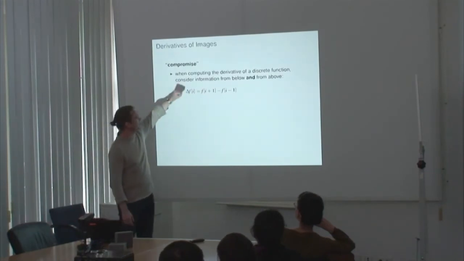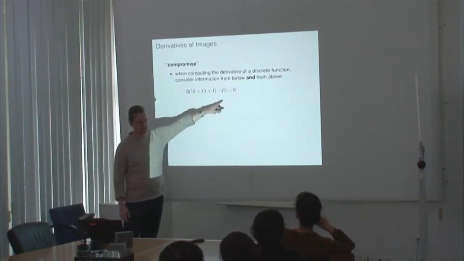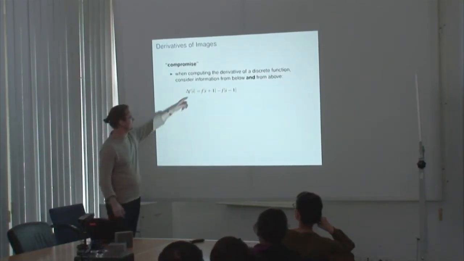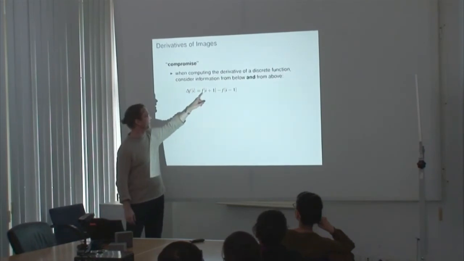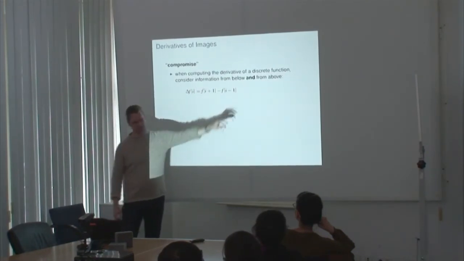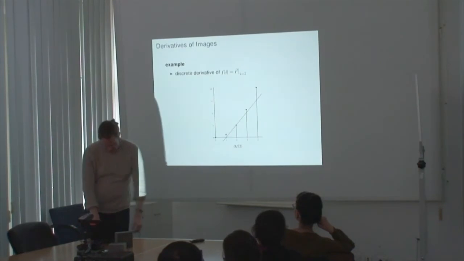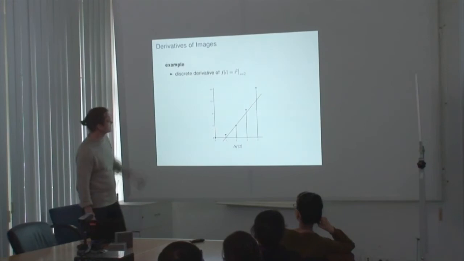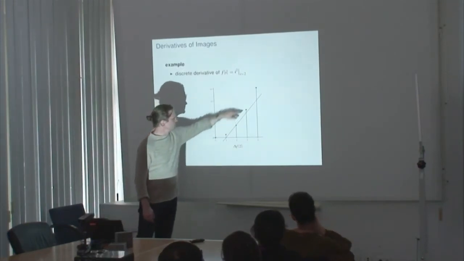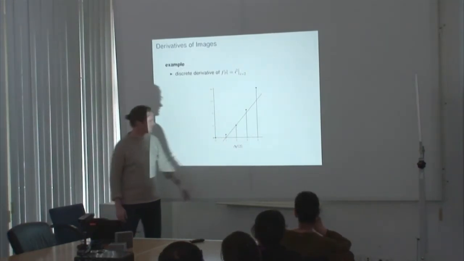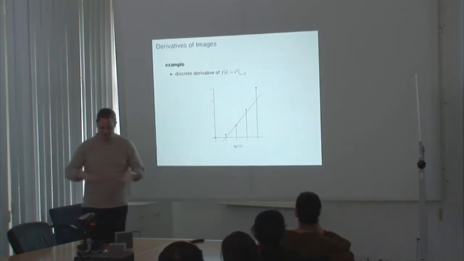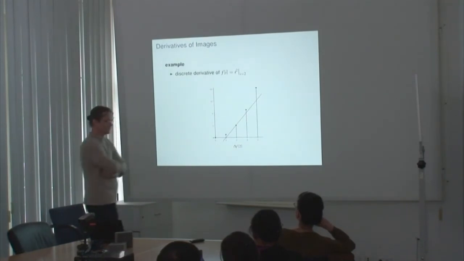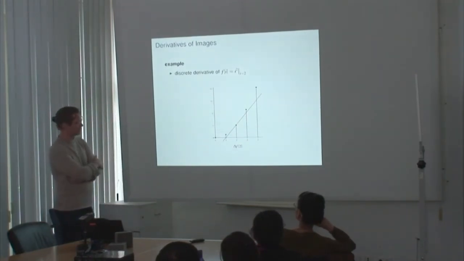We will include information from above and below and define the derivative of a discrete function f at I as f at I plus 1 minus f at I minus 1. And for our example, it then looks like this. So it's again the function I square, and now this is the function that would be produced if we were to compute the compromise, or our definition of discrete derivative.